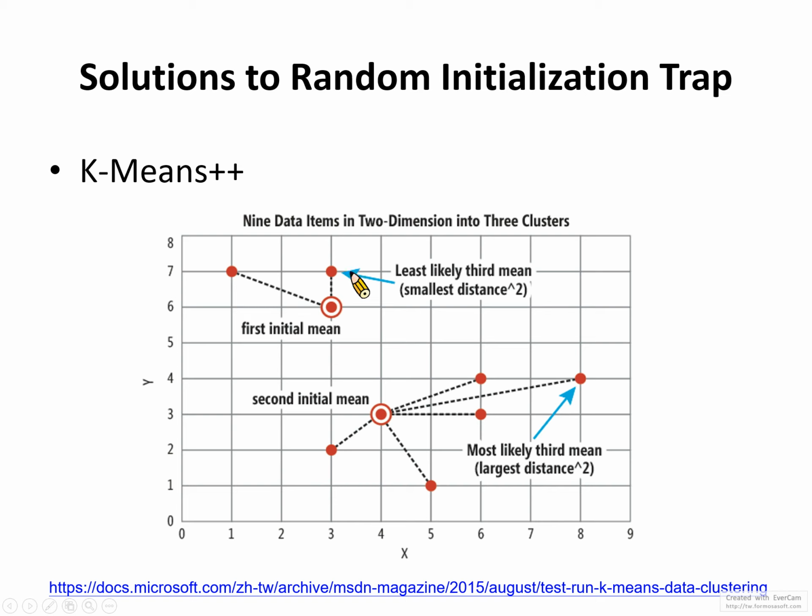So for example, if you put the first initial centroid here and the second centroid here, then the third one should not be very close to them. It should be away from these two. So it will ensure that we have the centroids in a quite separate, or sparse, way.